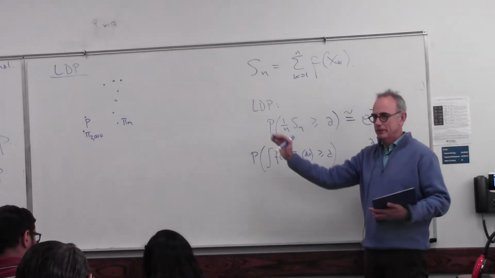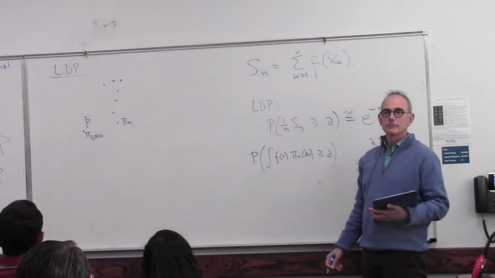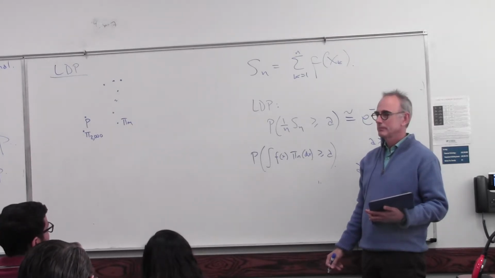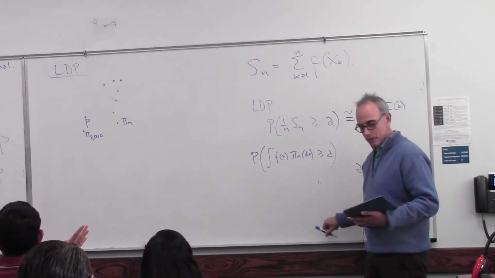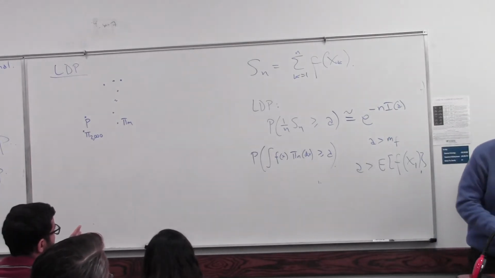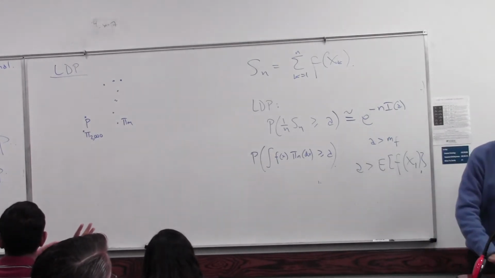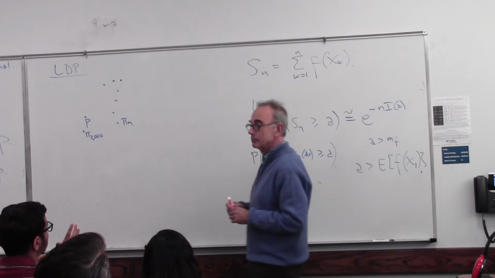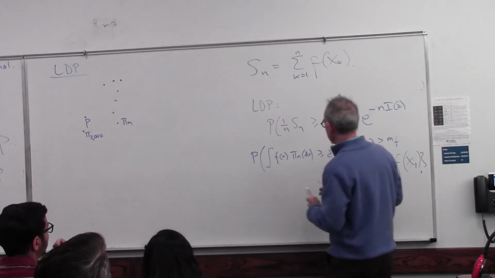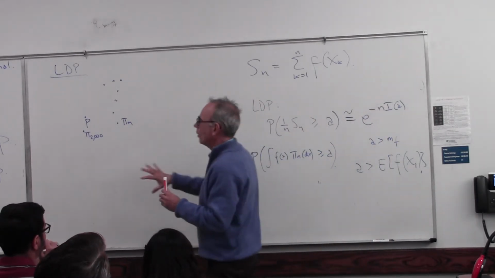I'm looking at a half space. So I need another color pen. You asked what space I'm looking at? It's a half space. So here this is a set of all probability measures.